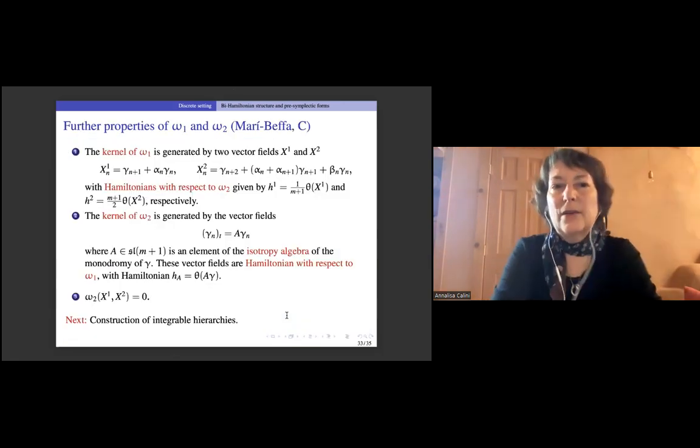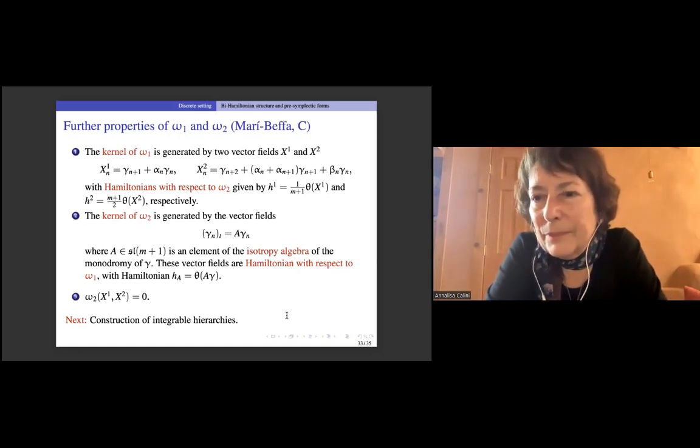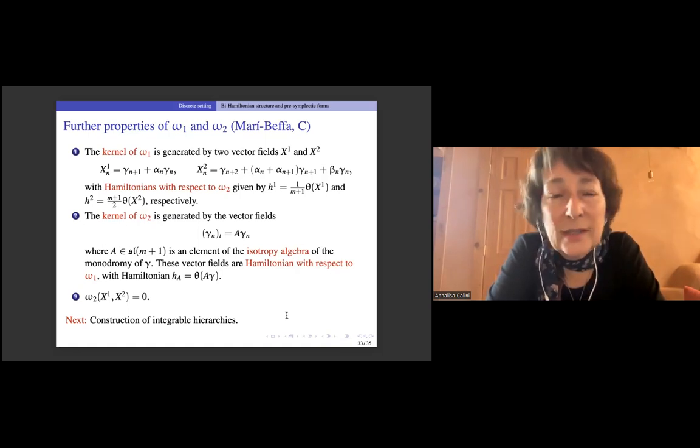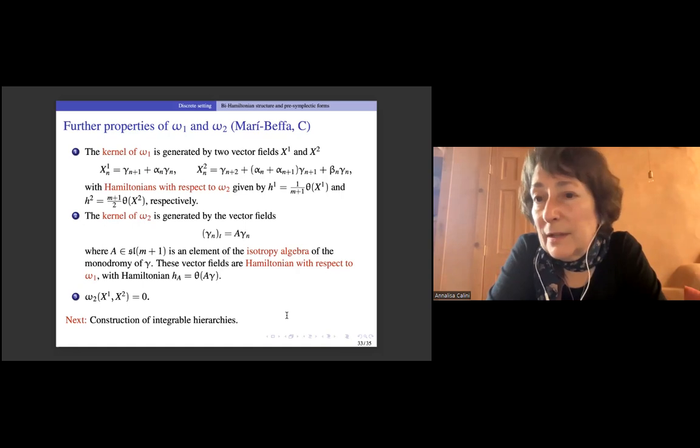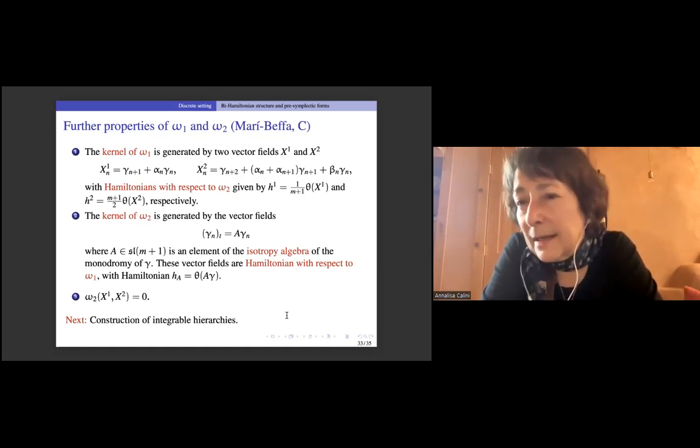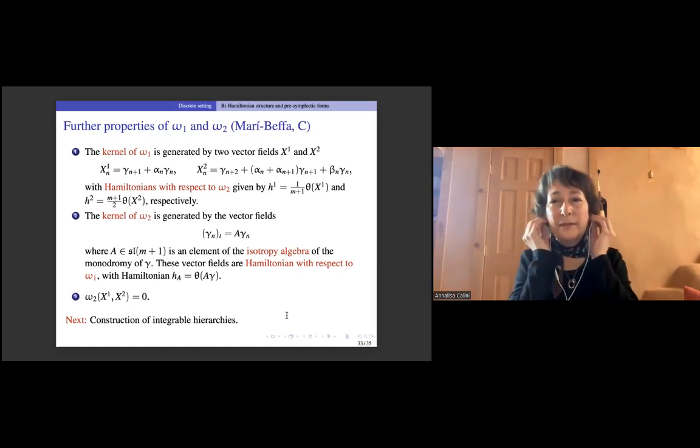The kernels of the two symplectic forms at the level of the curves are actually very interesting. The kernel of omega 1 is generated by only two vector fields. One can be thought of as a translation field. The other one is almost like an acceleration field, as a second derivative.